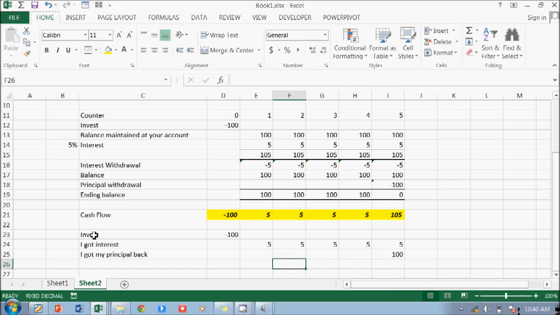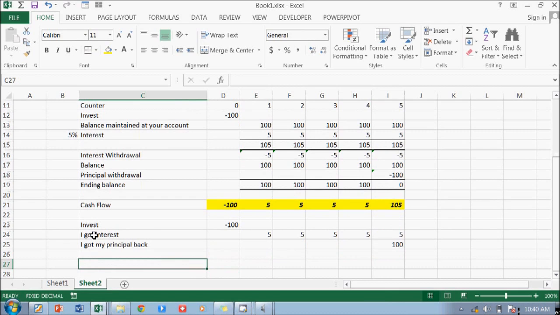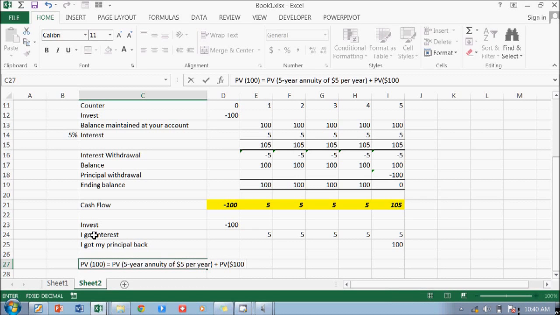So what we can say is the present value, your 100 first, is equal to the present value of a 5-year annuity of $5 per year, plus you got your money back, so it's the present value of 100 in 5 years.